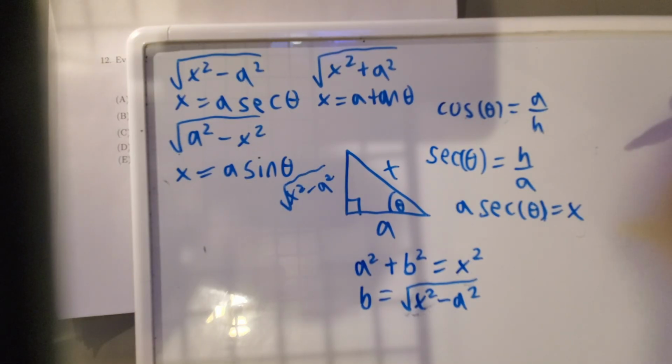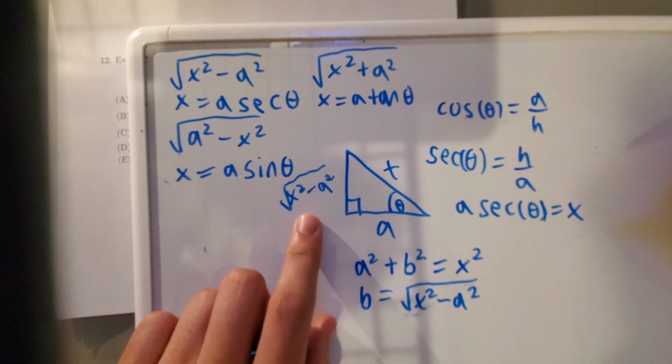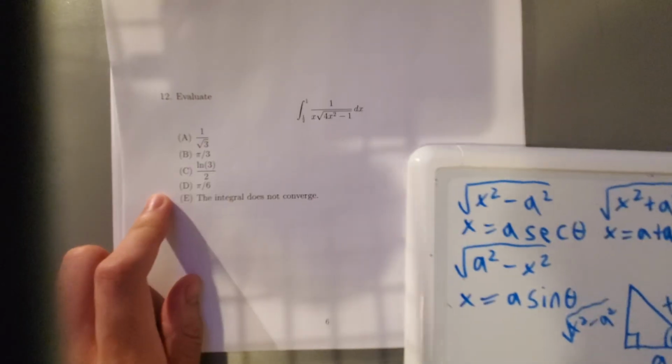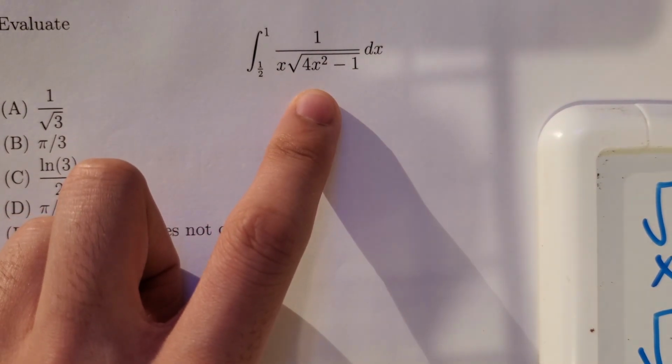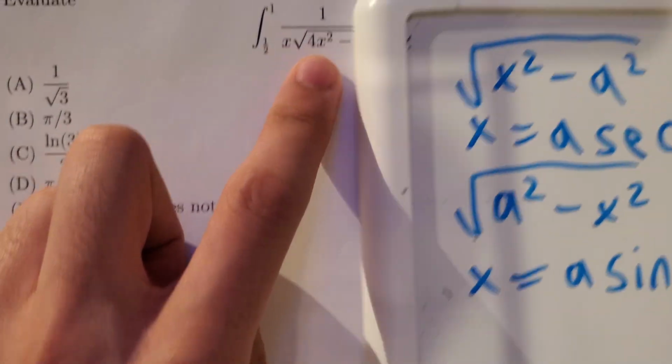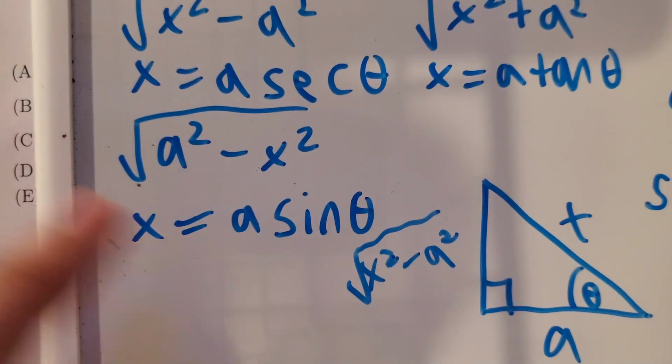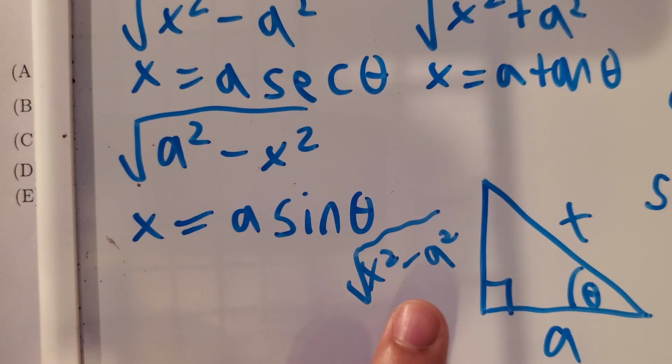And from here, going back to the original problem, if you treat this radical like this side over here, it's kind of easier to see where the substitution comes from. And so yeah, that's how you derive the secant substitution manually.